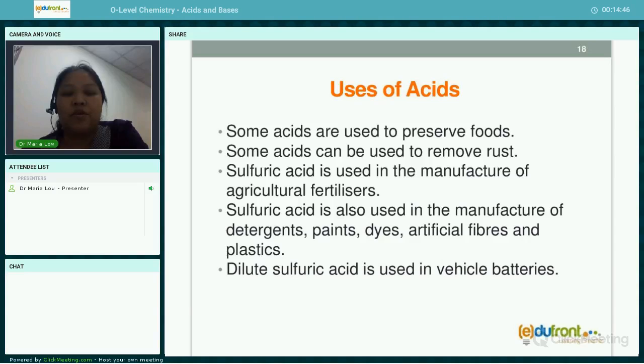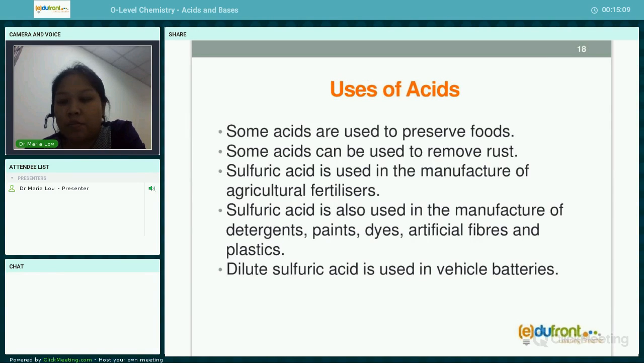Sulfuric acid is used in the manufacture of agricultural fertilizers. And of course, acids are also used in the manufacture of detergents, paints, dyes, artificial fibers, and plastics. And then, not forgetting that we mentioned earlier that dilute sulfuric acid is used in vehicle batteries.